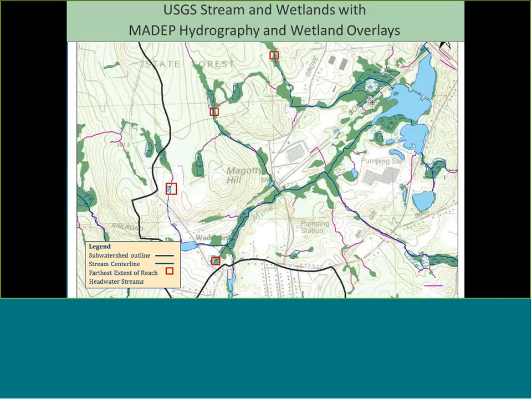The DEP wetland data layer, shown here in darker green, was developed as part of an ongoing photo interpretation project of aerial images to locate wetland systems throughout the state. The wetland data describes more fully the furthest extent of streams and hydrologic connections that exist beyond what is shown on the USGS topos.